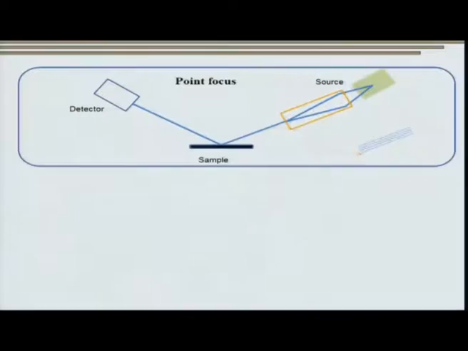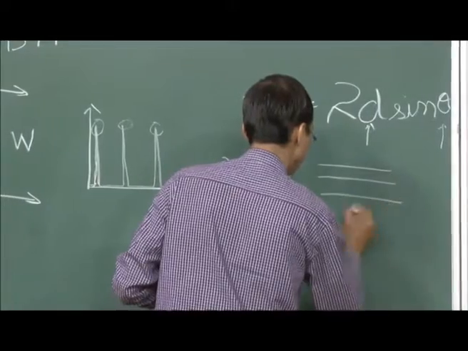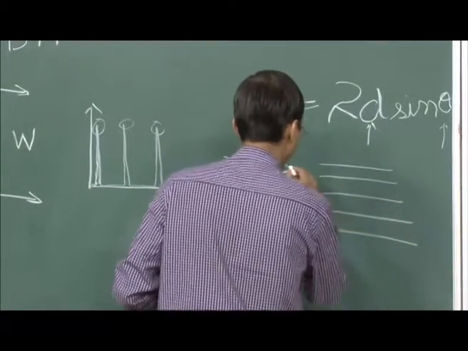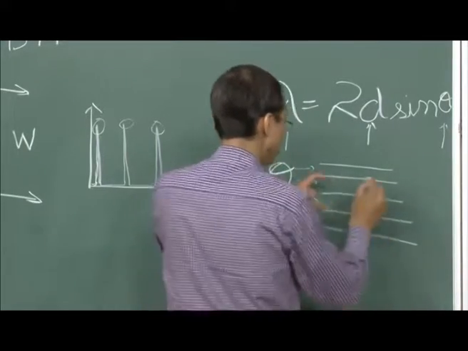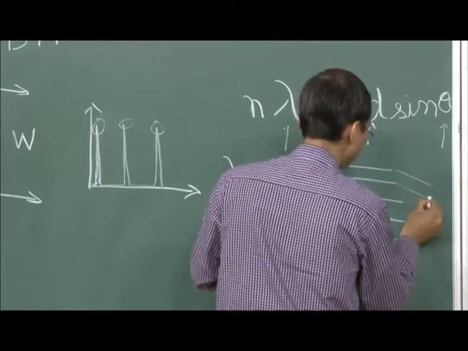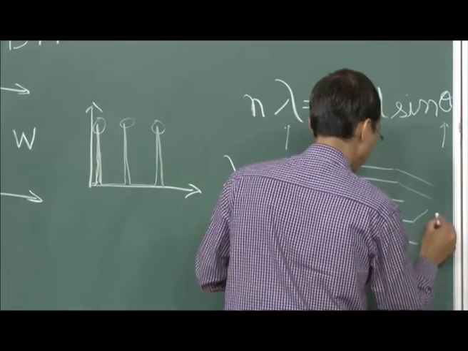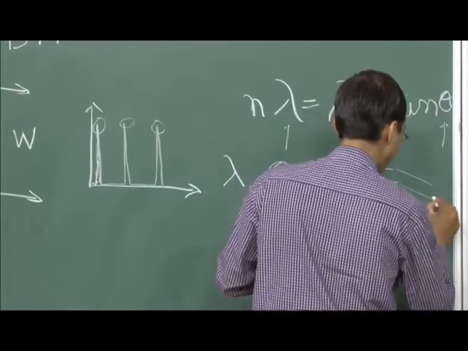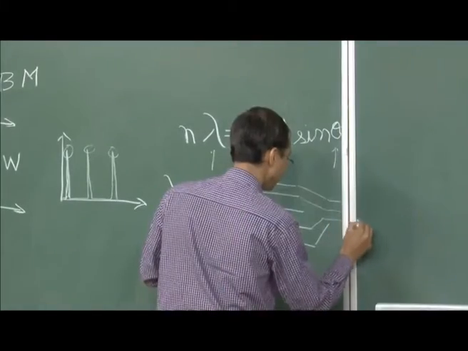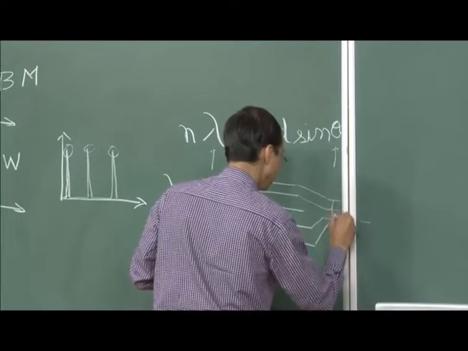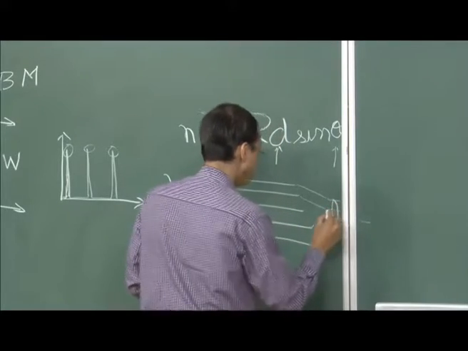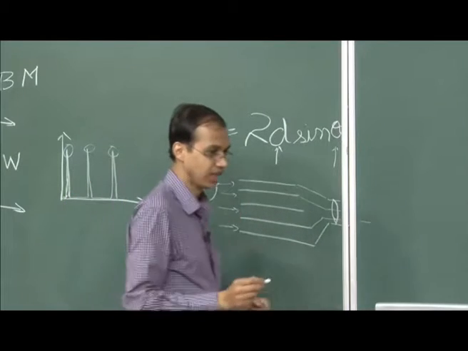A polycapillary essentially comprises a lot of optical fibers, and the X-ray beam which is incident essentially undergoes complete internal reflection, ensuring that we do get a high intensity X-ray beam with smaller spatial size.